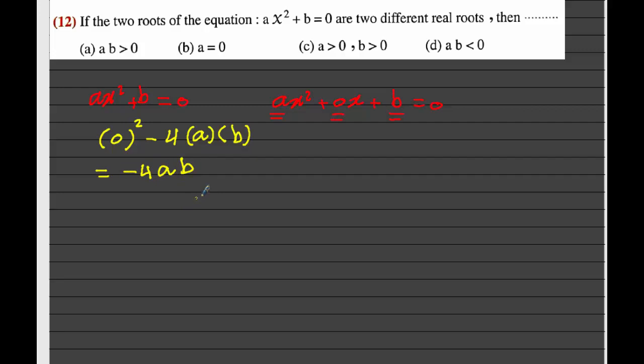Okay, the discriminant will be positive here. This value will be positive if ab is less than 0. If ab is negative, like negative 4, negative 6, so the value of whole discriminant will be positive, and in this case the two roots are different, so we choose letter D as ab is less than 0.